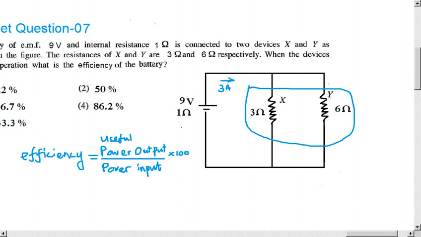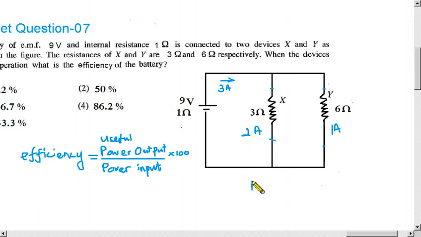So the current we have to now find out. The current is here 2 ampere, here 1 ampere.